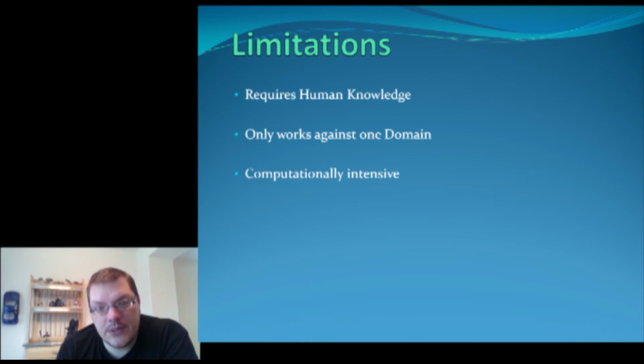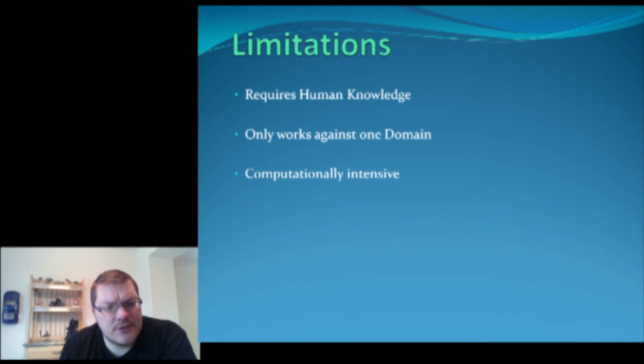The other issue is that these things only currently work against one domain. I can't spend all this effort pouring in all this knowledge and then hope that it can recognize a different domain. As soon as you say Red Rocks, are we referring to a place in Colorado?